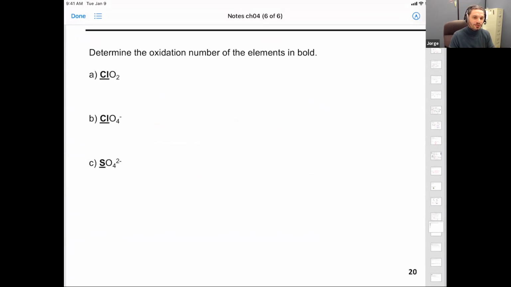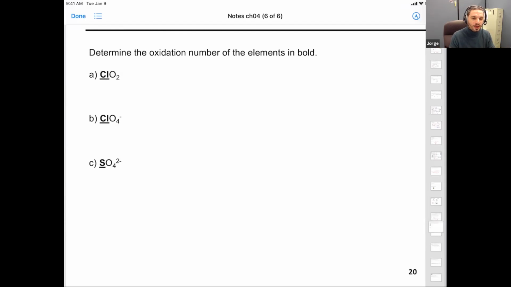So in the first case, we have ClO2, and I'm asking you the oxidation number of chlorine. The second case, we have ClO4 minus. So minus is the charge of the ion, and again, oxidation number of chlorine. And the third case, we have SO4 2 minus, the sulfate ion. 2 minus is the charge of the ion.